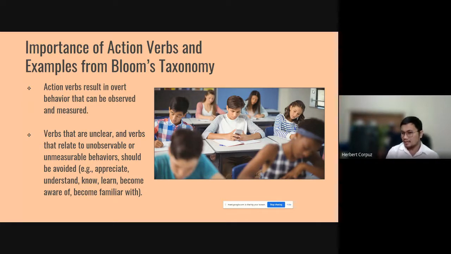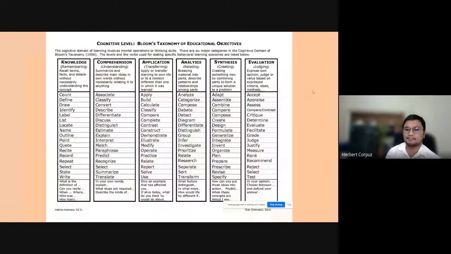Remember, as we have said, one of the key characteristics of a good learning outcome is for the outcome to be quantified. And using these verbs will certainly not permit you to measure student behavior or student outcomes.